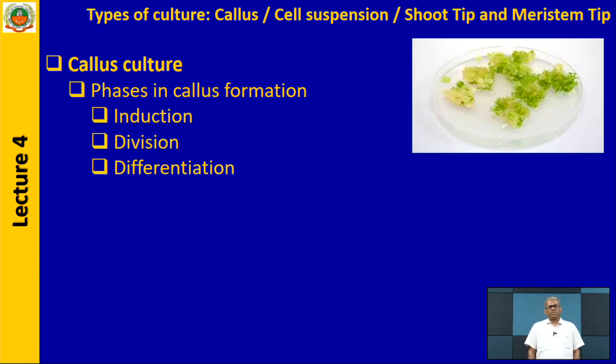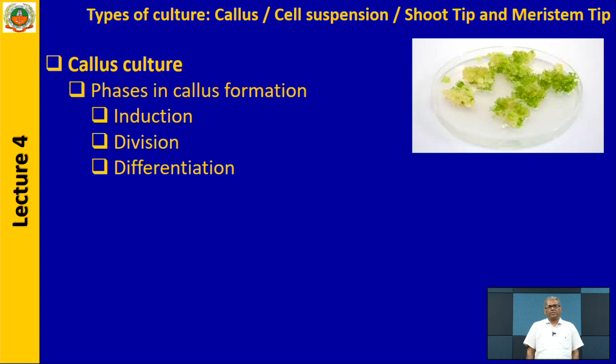With regards to callus culture, the balance of auxins and cytokinins plays a major role. When we place an explant with a balanced level of cytokinins and auxins, which includes both the internal tissue level hormonal concentration as well as the medium level hormonal concentrations, the cells get reprogrammed.